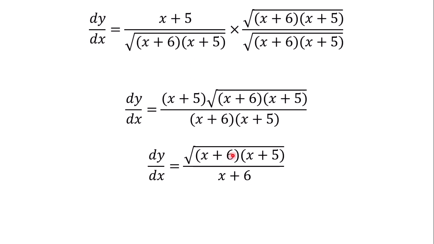Good. So as I said, this one can be written as square root of this times square root of that. Actually this is the final answer to the derivative question that we are solving. That particular integral, when you rationalize it, this is what you are going to get at the end of the day.